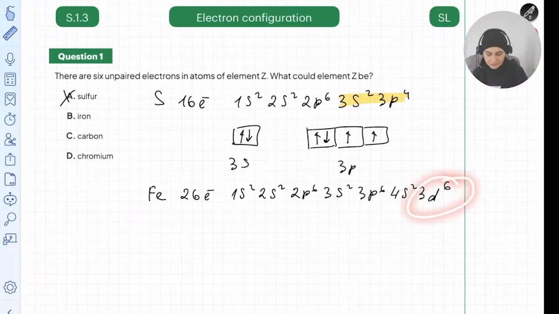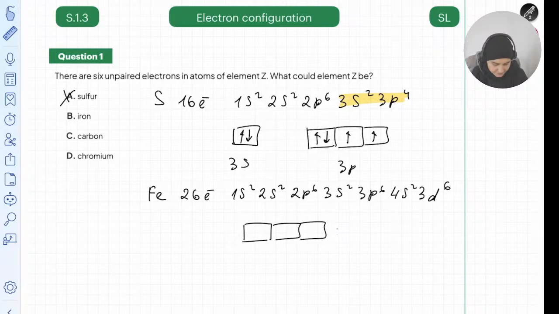Let's draw it out. 3d has five squares, five orbitals, because 10 electrons is the maximum; each orbital can hold two electrons. So 3d6: 1, 2, 3, 4, 5, 6. How many unpaired electrons do we have? Well, not 6, 4. So not B.